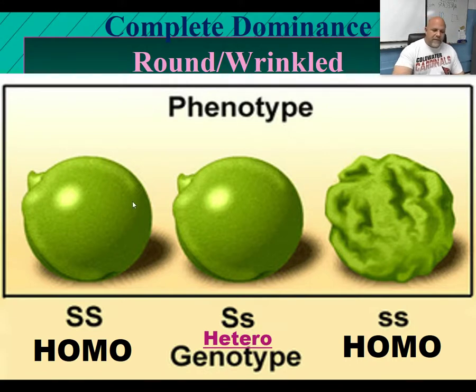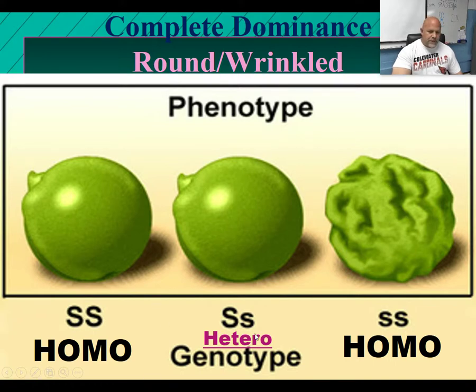So here we have this P has the genotype big S. This P has the genotype big S little s. Now, they both have the exact same appearance, so they would have the same phenotype, but a different genotype. And then these two P's have different phenotypes, round versus wrinkled.